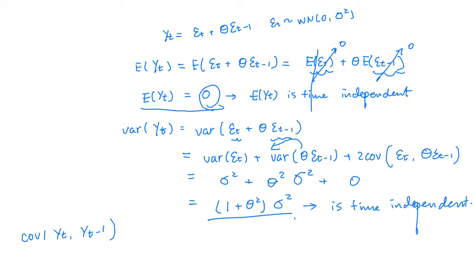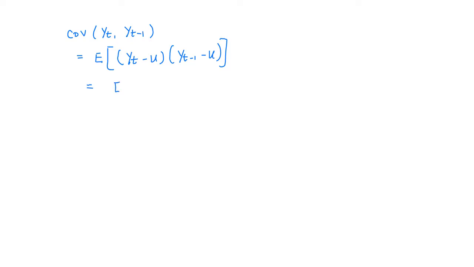So covariance of yt and yt minus 1 is equal to the expectation of yt minus mu times yt minus 1 minus mu.